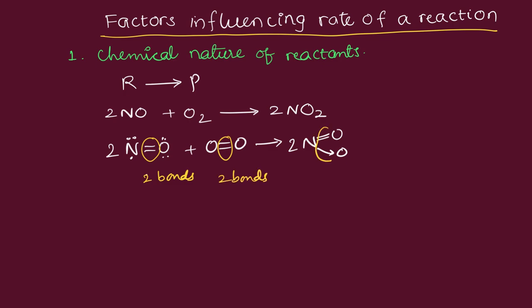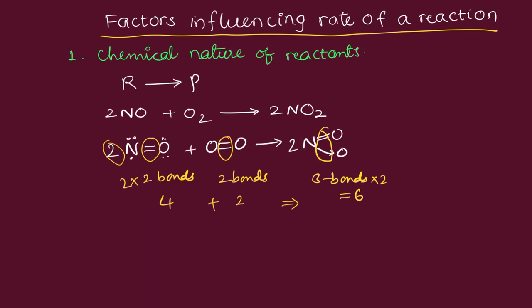And here we have 3 bonds. 3 bonds into 2, that is called 6. Here 2, here 2 into 2, that is called 4. So here 2 molecules are there, therefore 2 into 2, 4. Now overall how many are there here? 4 plus 2. That converts into 6 bonds.